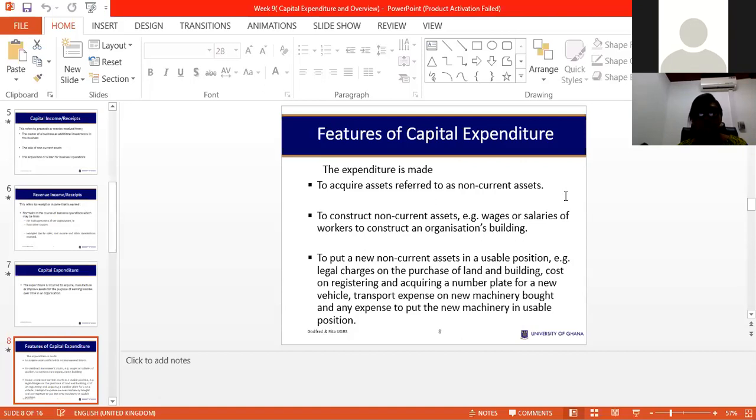So for instance, you go to buy a car, you have to register the car number plate, you have to register the car in your name, acquire a number plate. All that sometimes are included as part of the capital expenditure, the cost of acquiring the car.